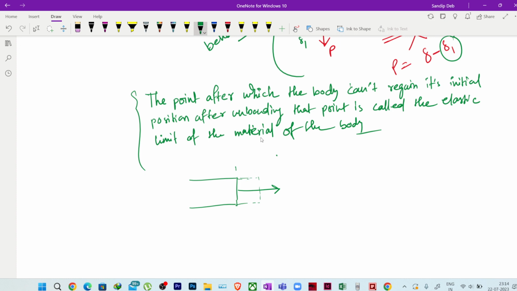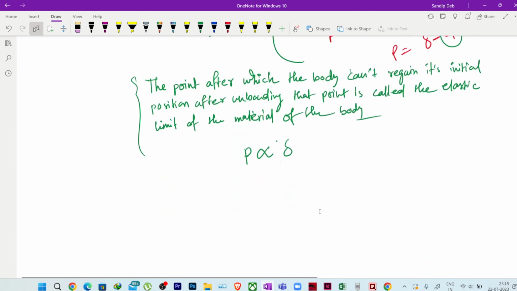It will dissipate some energy and it will partially regain its position. Correct. So the applied force, P, is somehow proportional to the elongation that is happening in the bar.